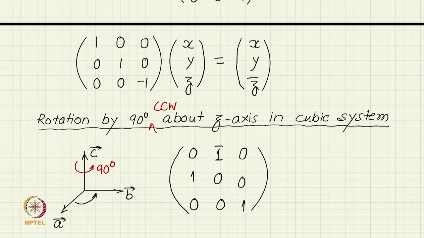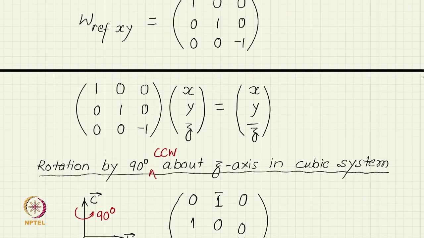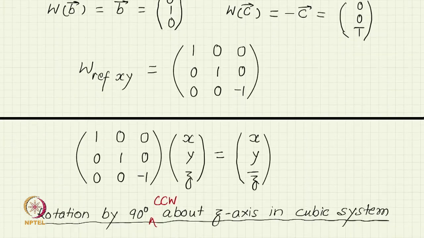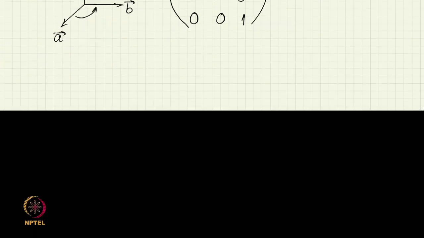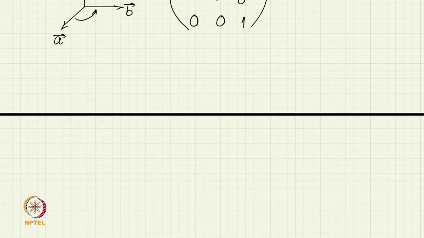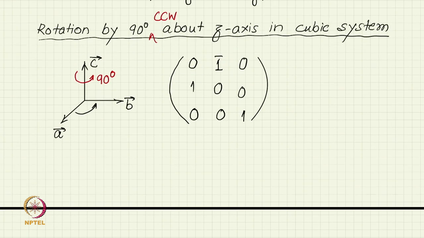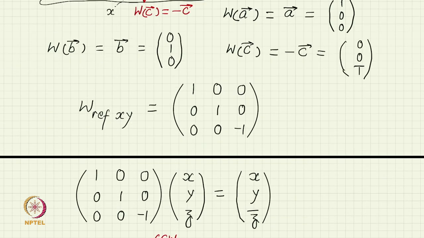Now let us establish one property of the determinant of these matrices. What is the determinant of this rotation matrix? It is 1. What is the determinant here of the reflection? Minus 1.